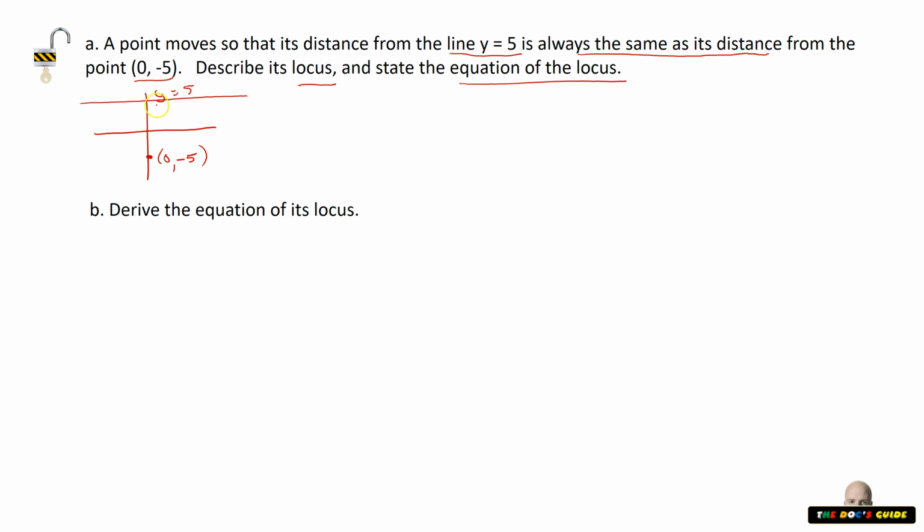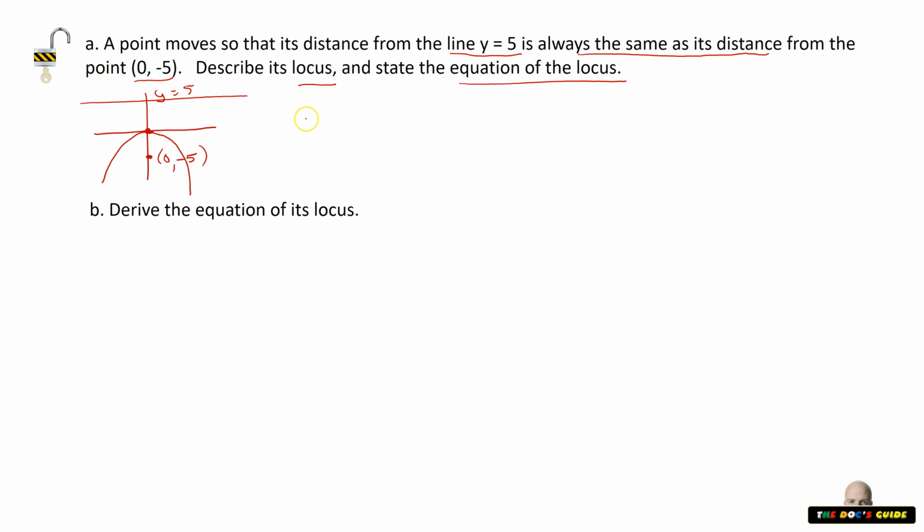Now, because the focus is on the y-axis, the vertex is here, midway between the directrix and the focus, and the possible positions for P, so that it's always equidistant from the focus and the directrix, give us a locus which is a parabola.